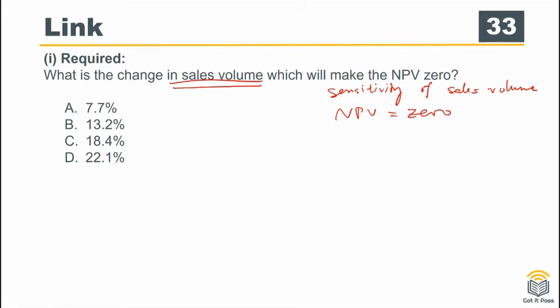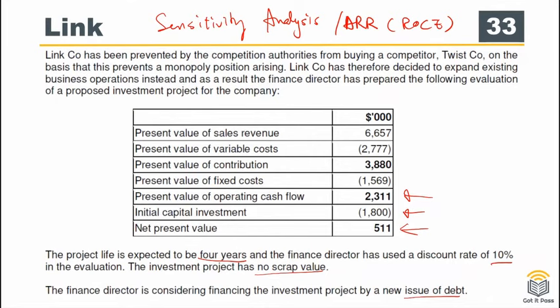Okay, sales volume. Then we go back, sales volume, we check this table. What will be the variables affected if the sales volume changed?